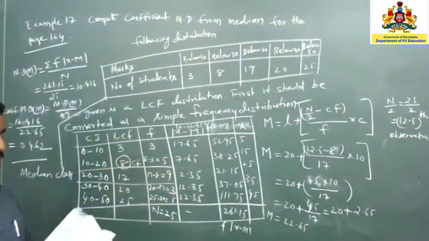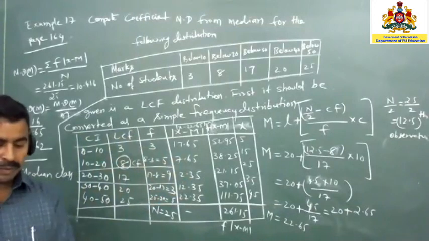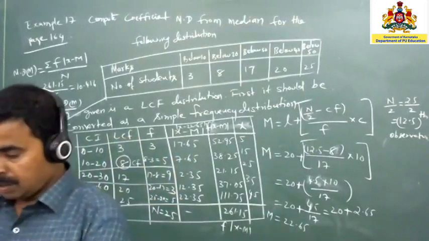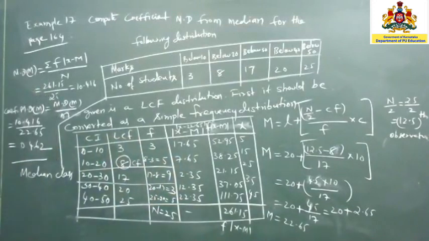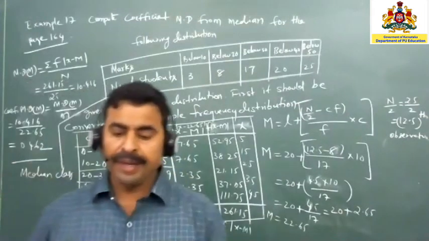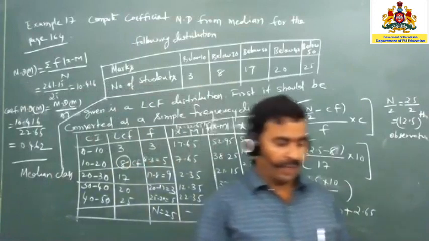With the same procedure, I have explained quartile deviation, mean deviation and range. You can do some more sums. Practice the exercise sums, page numbers 183, 184.